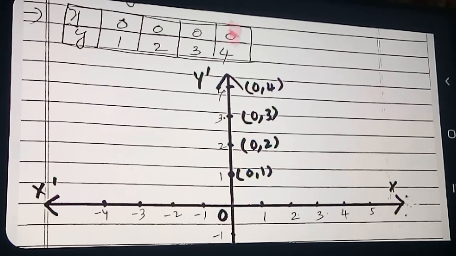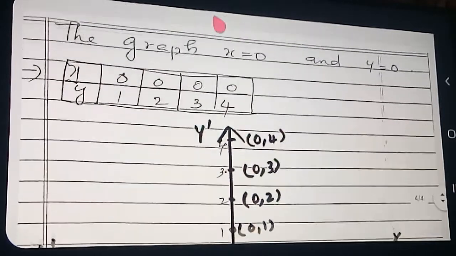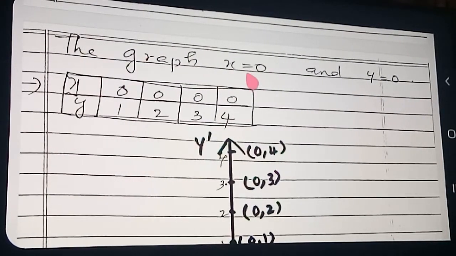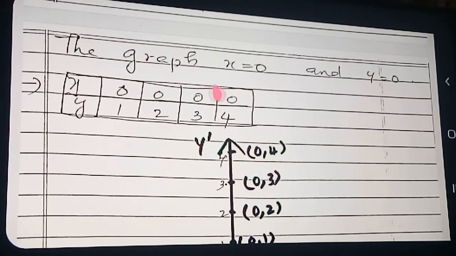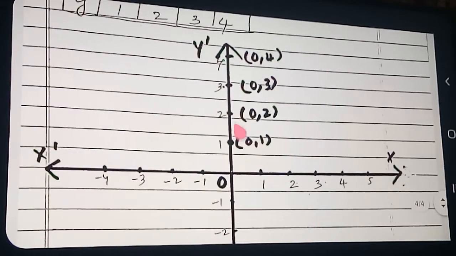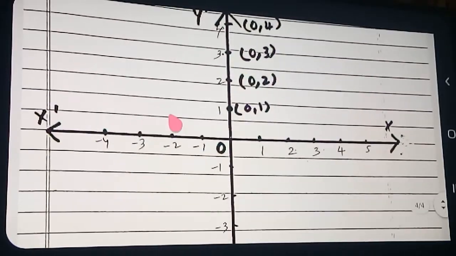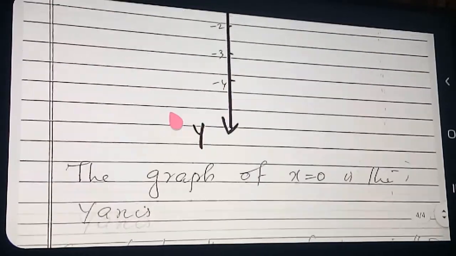Therefore, what we can conclude here: the graph of x is equal to 0 is always the y-axis. What is the graph of x is equal to 0? The graph of x is equal to 0 is always the y-axis. Clear now students? Similarly, its conclusion also the teacher has written down.